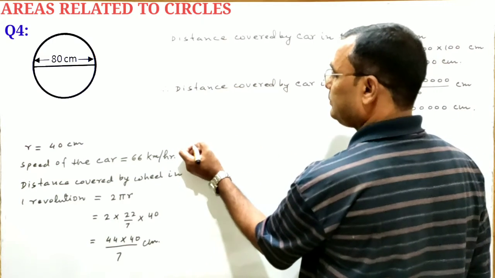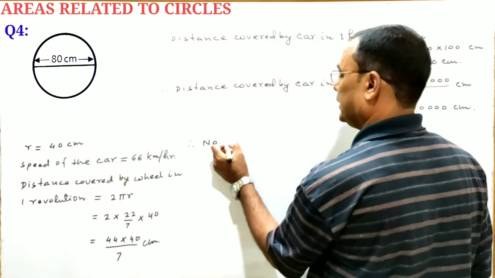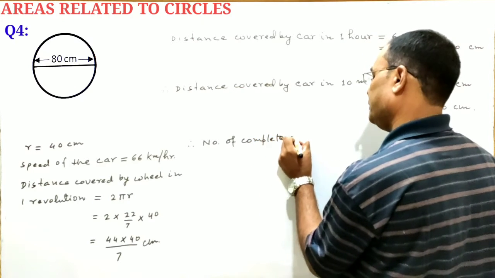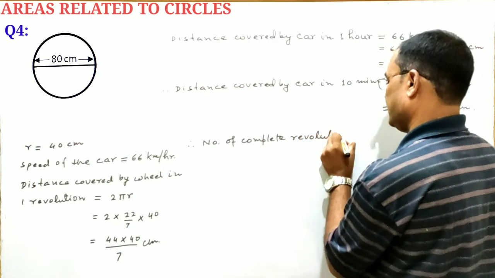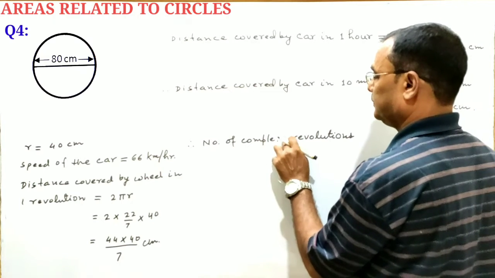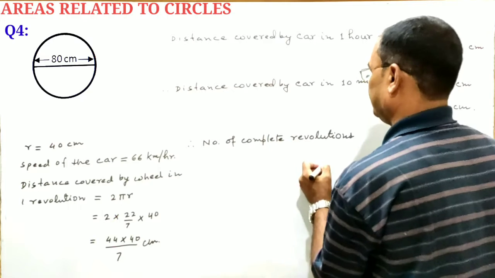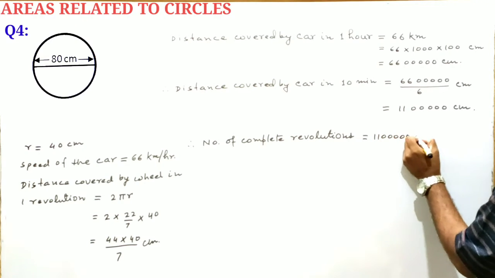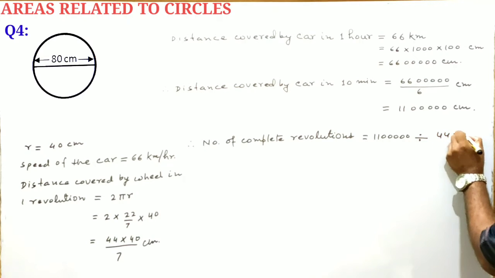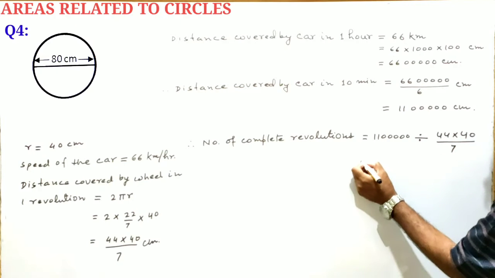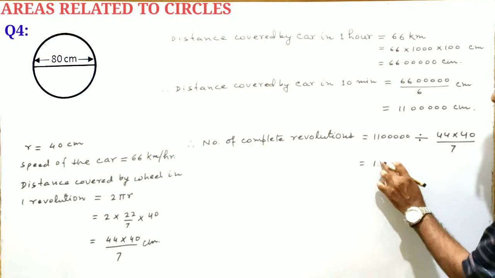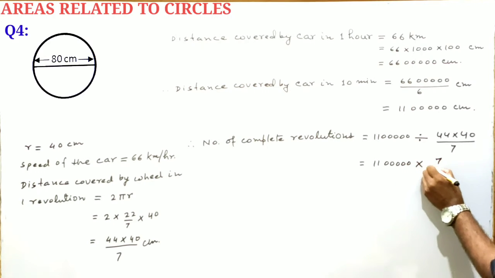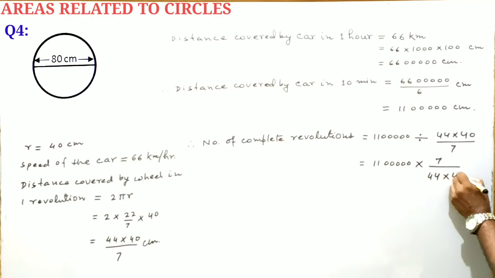So therefore, number of complete revolutions is equal to this 11 lakh divided by 44 into 40 by 7, which is equal to 11 lakh into 7 by 44 into 40.